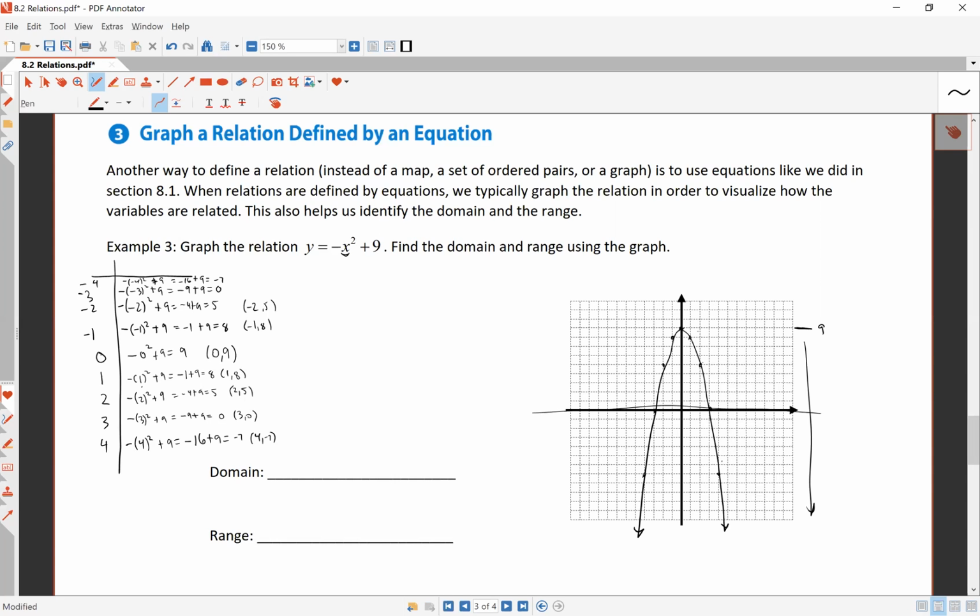This graph continues to the left and to the right. We can continue to put more numbers in this and get an output. It's just going to shoot down pretty quickly, but it will keep going. We can't cap it off on the left and the right, which means the domain is from negative infinity to positive infinity.